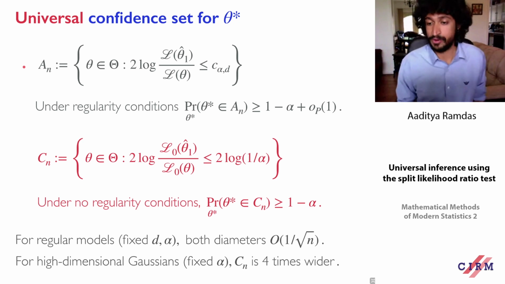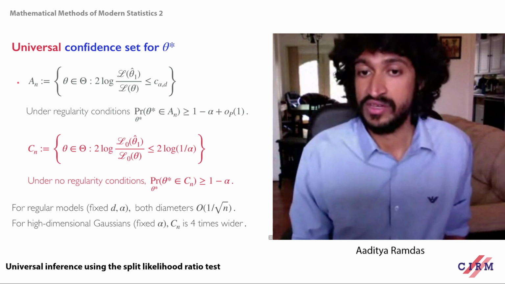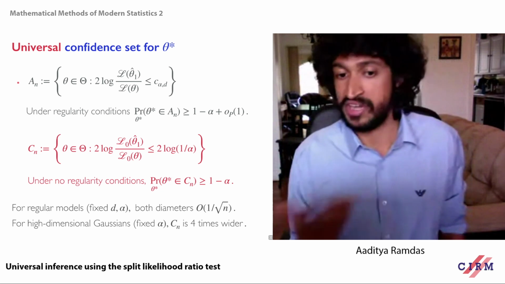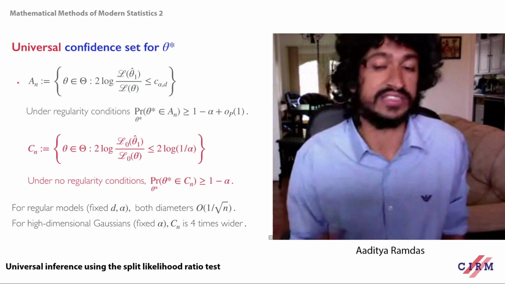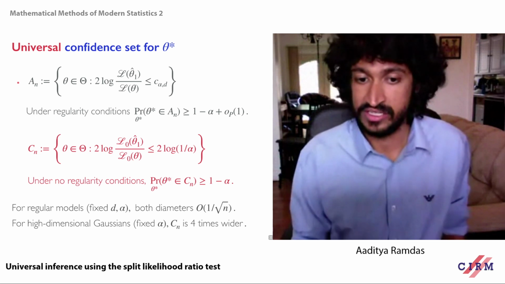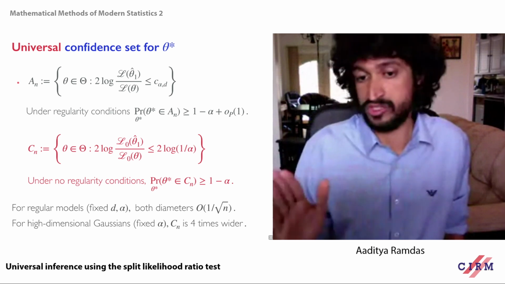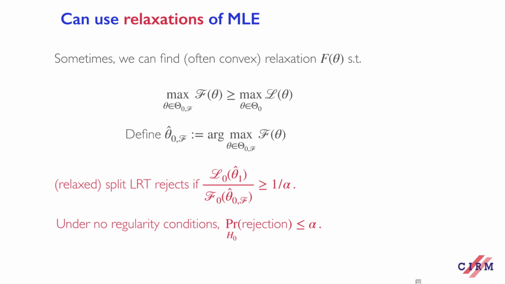Turns out that C_n is about 4 times wider than A_n. So even in the high-dimensional setting, it's doing something actually very reasonable. Clearly, we're losing some constant, but the point is that for irregular models, we have no such universal confidence set. We have no such universal test. So at this point, we would like to save on that constant, but we would also like some test that works without assumptions, without asymptotics.